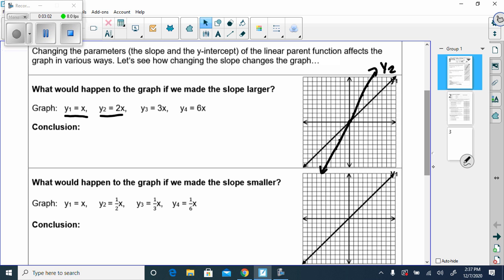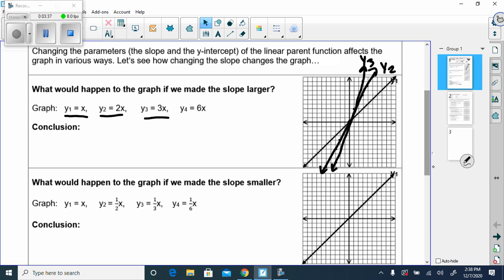Then we're going to graph y3. So again, it doesn't have a plus b, starts at 0, 0, but the slope for y3 is 3. That means I'm going to go up. Very good. Okay, so here's y3.